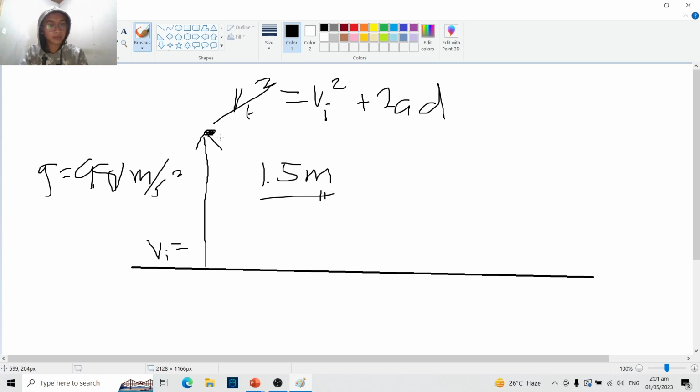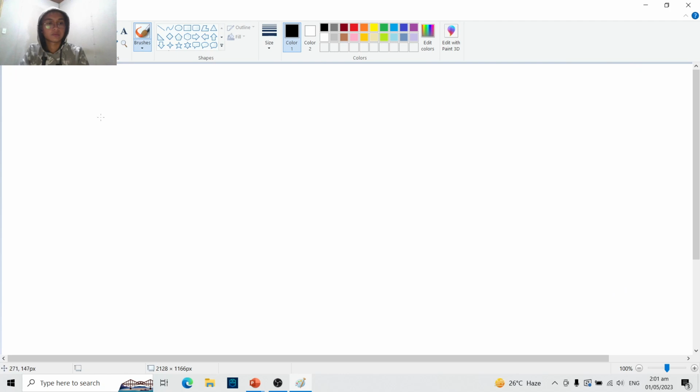Momentarily, when the tarsier reaches the top, the velocity is zero. So we rewrite the equation: negative VI squared is equals to 2 times negative g times distance or height h.